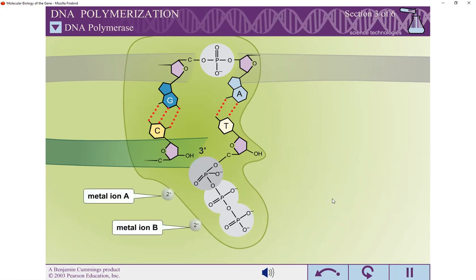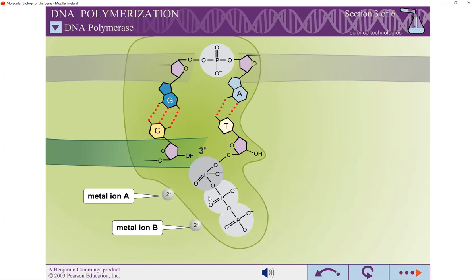The palm domain also binds two divalent metal ions. These metal ions are crucial for DNA polymerization activity. We are still in the palm domain of DNA polymerase 1. The palm domain contains two metal ions, one referred to as metal ion A, and another as metal ion B. Both metal ions reduce the forces of repulsion between the phosphate molecules.